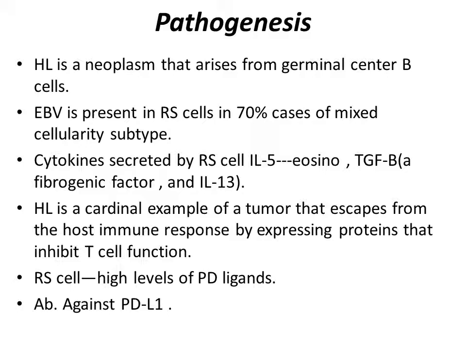So by these observations they conclude that most probably this infection is responsible for the transformation and then neoplastic change. Thus EBV infection is probably one of several steps contributing to tumor development, particularly of the mixed cellularity type.